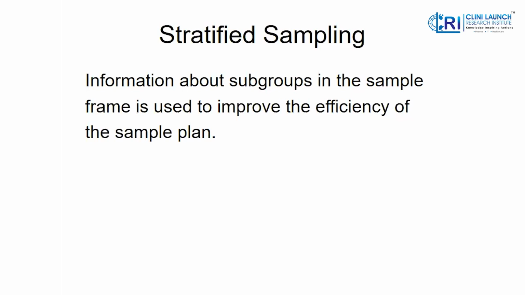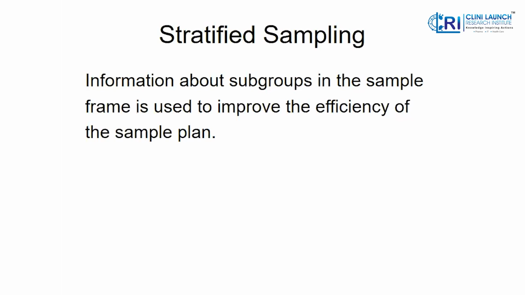So a population can be stratified by any variable that is available for all units on the sampling frame prior to sampling. For example, age, sex, residence, income status, etc. Understood the last line what I said?